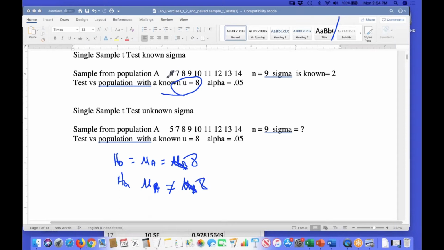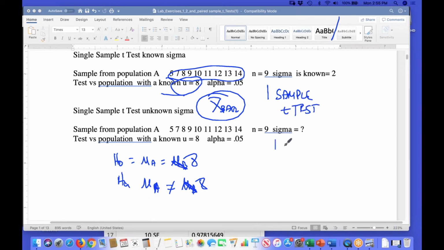Population A, we don't know what it is, but we have a sample, so we can calculate X bar, right? So that's where we got the difference. That's where we're estimating what the mean for population A is. We know what the mean for population B is. That's why this is called a one sample t-test, or you can also call it a one sample hypothesis test.